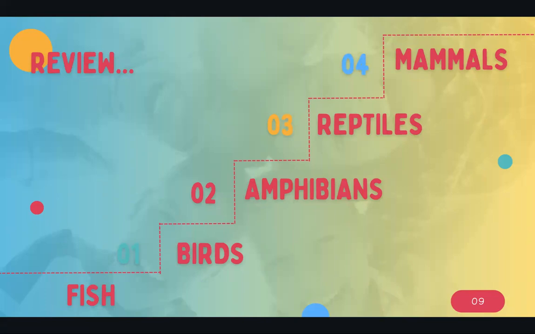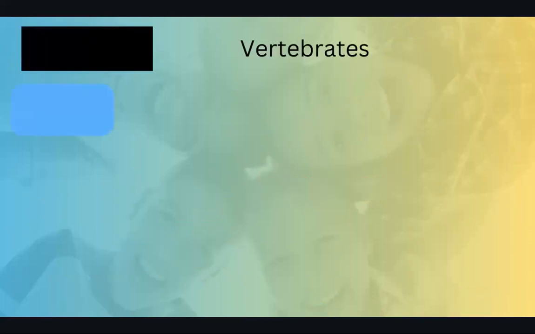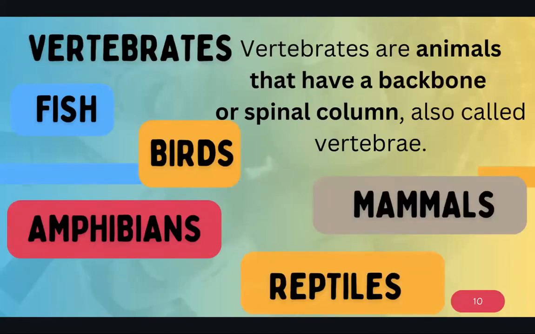All right, so that's all about mammals, reptiles, amphibians, birds, and fish. Now, if you can remember, all of these are vertebrates. And vertebrates are animals that have a backbone. Backbones are also known as the spinal column.